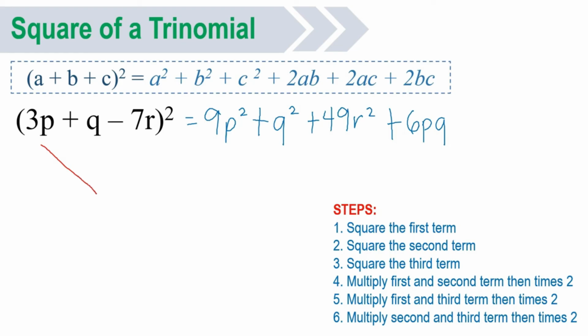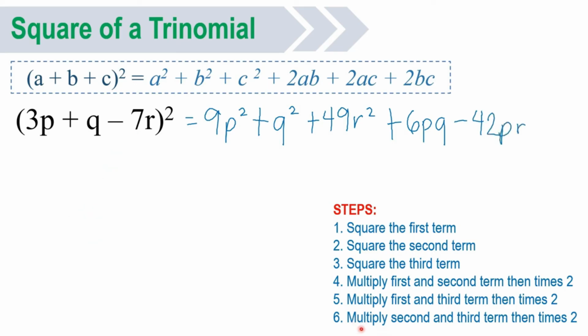First term is 3p, then third term is negative 7r. 3 times negative 7, that will be negative 21. Copy the variable pr. Then after that, times 2. So 21 times 2, you will have negative 42 pr.